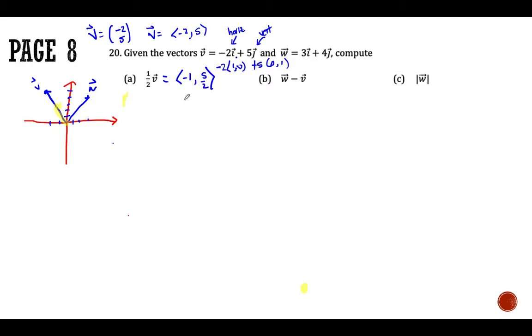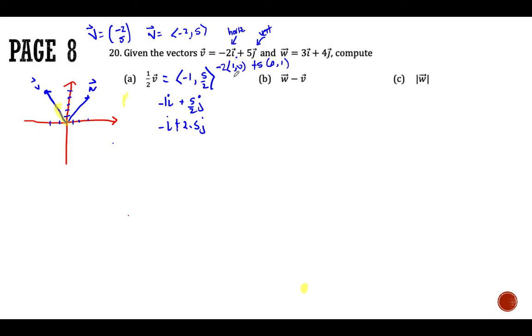Or again, I could write it as -1 i and 5 halves j, or just -i and 2.5 j. But again, we tend to stay away from decimals. So that's pretty simple.